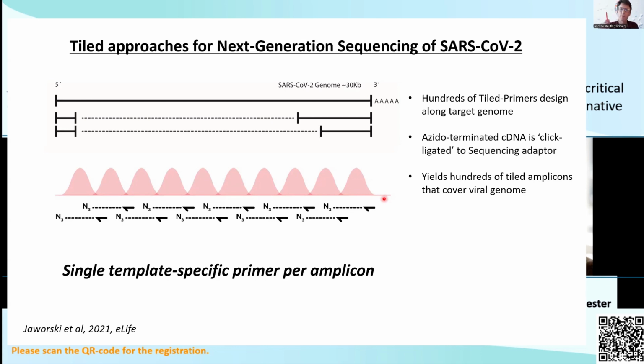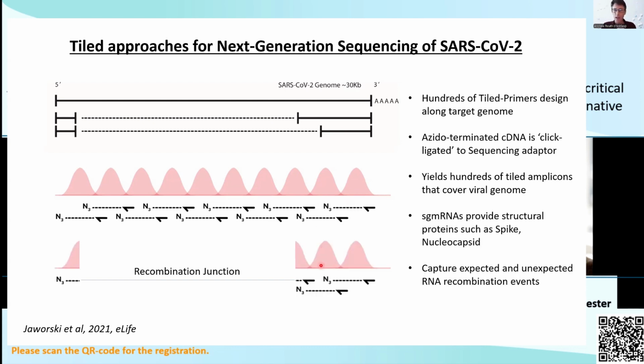But there's one important feature that makes this different. Because in ClickSeq, we're using one specific primer at one side of the amplicon, and the other end of your amplicon is generated by that stochastic incorporation of the azido-nucleotide. What this means is you can generate random fragments from your target of interest only using one primer per amplicon. And this may seem like a simple adjustment to the protocol, but it has some important consequences, because what that means is that you can essentially sequence anything that's upstream of your target of interest.